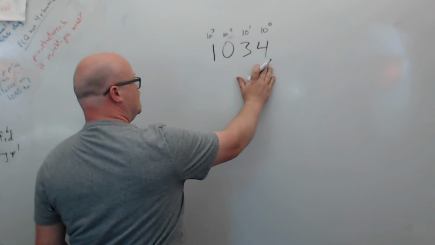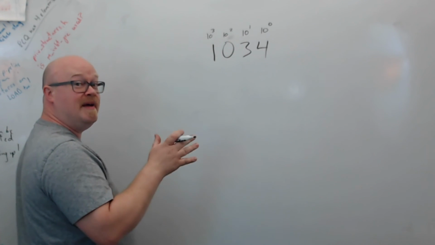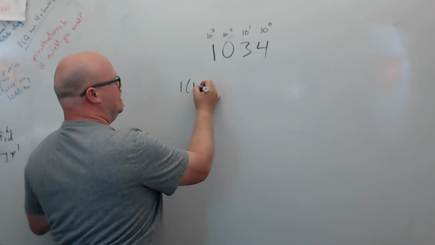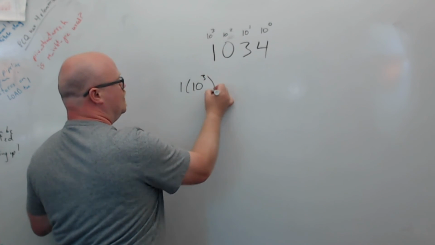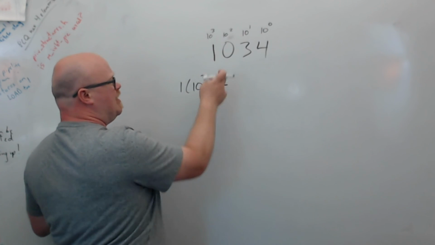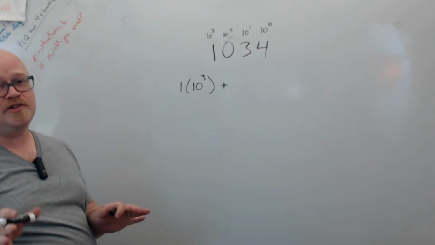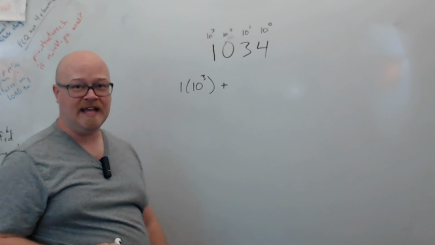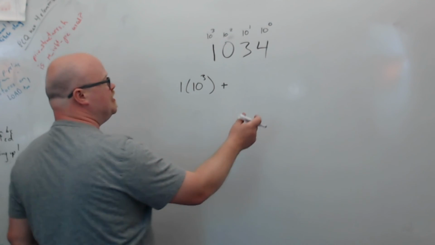So if we convert this number to its coefficient base exponent form, we'll get 1 times 10 to the third plus, now I'm not even going to bother writing a term for 0 coefficients because the result of 0 times anything is 0. So we just skip those altogether.